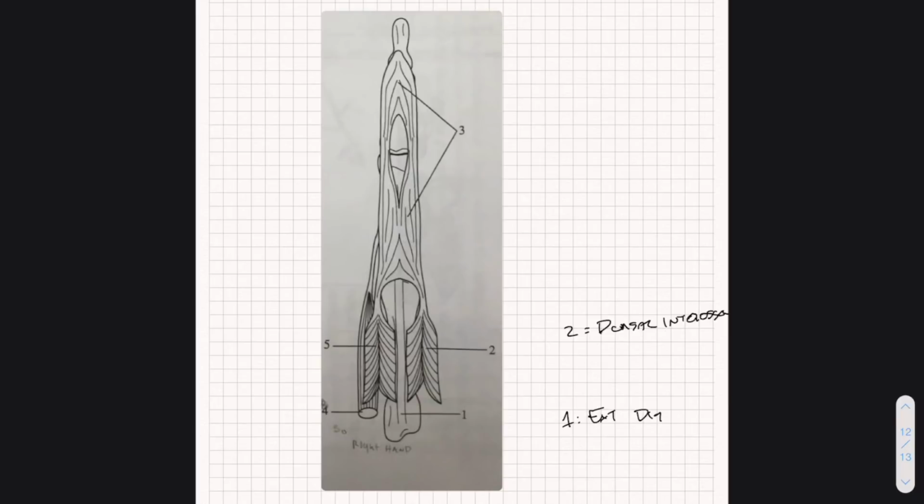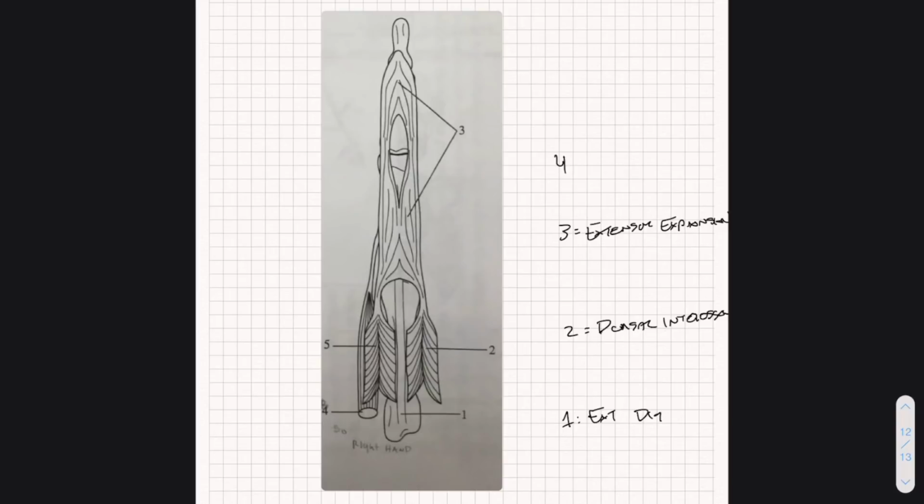So I'm thinking to myself, the fingers that have that are the index, the middle, the ring finger. And I know it's always on the side away from the midline. Okay, so number three, this is called the extensor expansion, which we haven't talked about yet. We will.